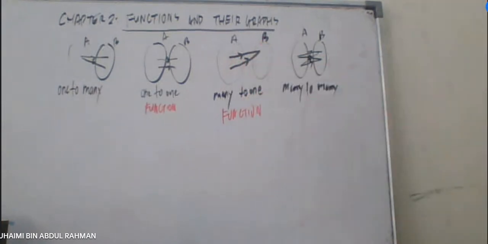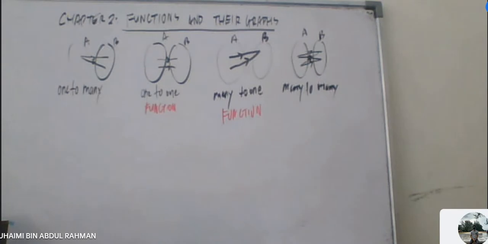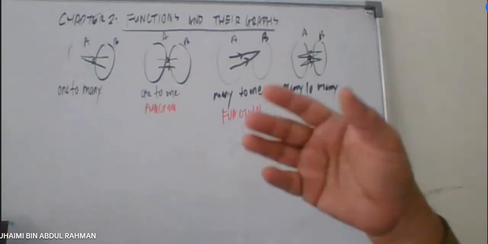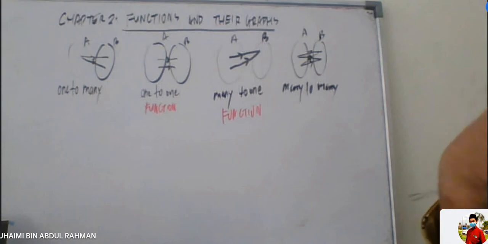This is not a function. So you know the definition of functions now: one element in set A goes to exactly one element in set B.